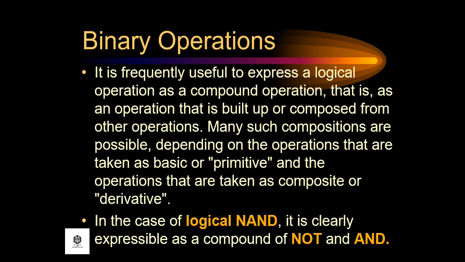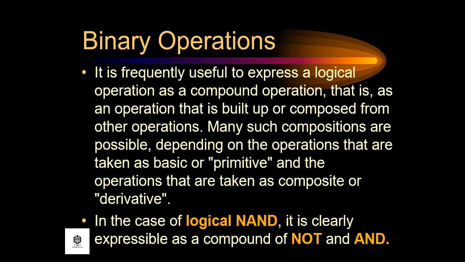It is frequently useful to express a logical operation as a compound operation, that is, as an operation that is built up or composed from other operations. Many such compositions are possible, depending on the operations that are taken as basic or primitive and the operations that are taken as composite or derivative.